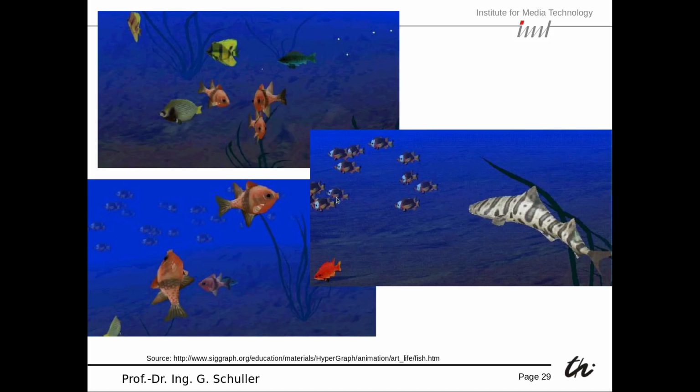Here you have a flock of fish, and here you have a predator, a shark, and then you can program how the individual fish behave to get a realistic behavior of this flock of fish when a predator approaches.